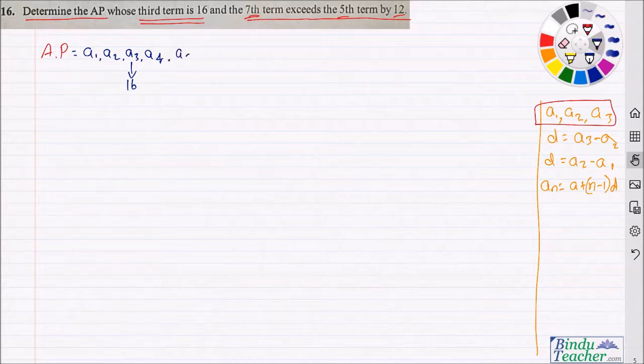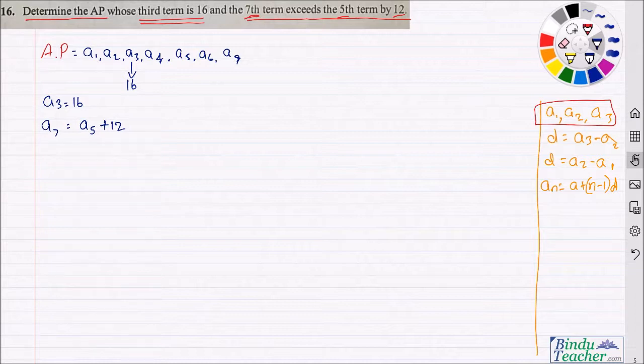Okay, so we have A5, we have A6, and we also have A7. What has been said is A3 equals 16 and the seventh term, which is A7, exceeds the fifth term by 12. It means A7 is greater than the fifth term by 12. So A7 exceeds A5, it is greater than A5 by a value of 12.